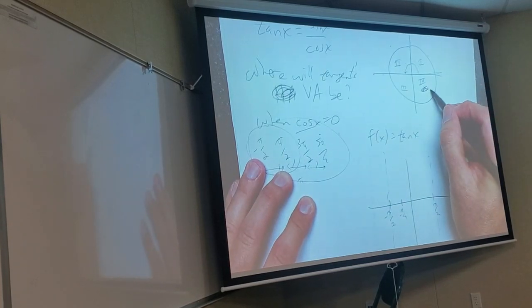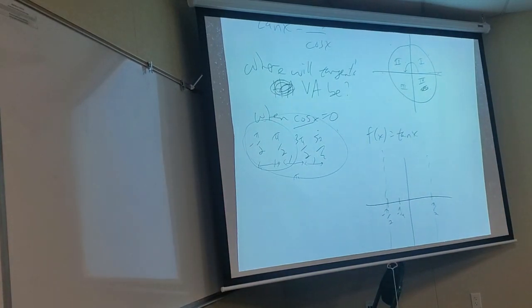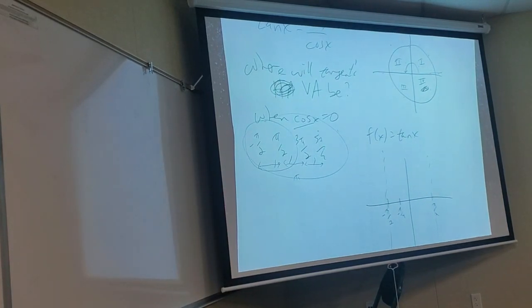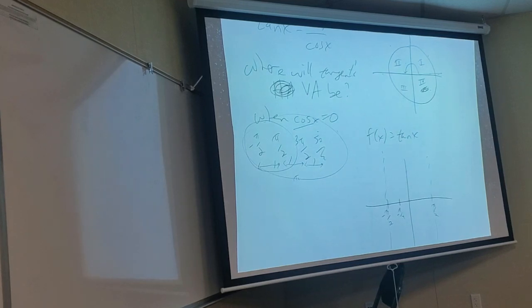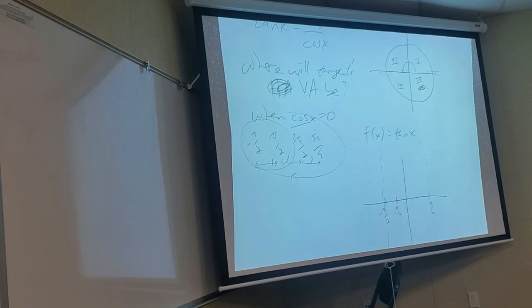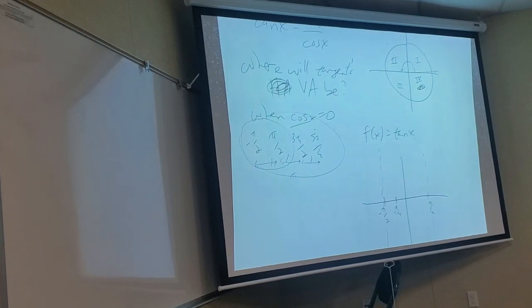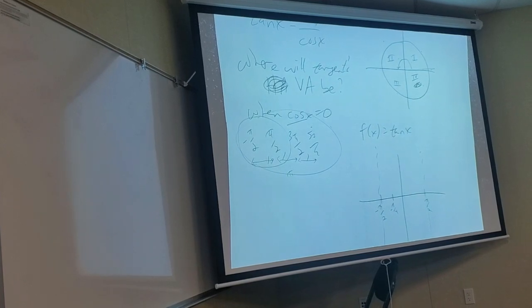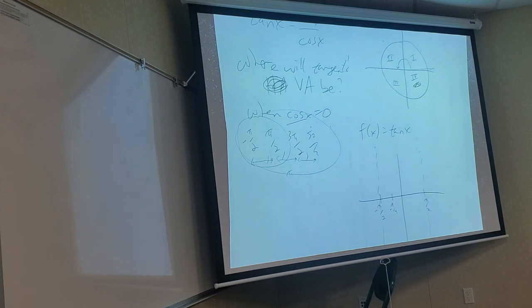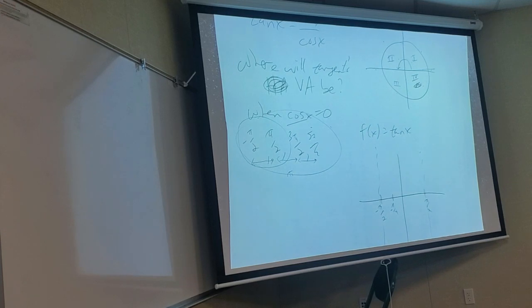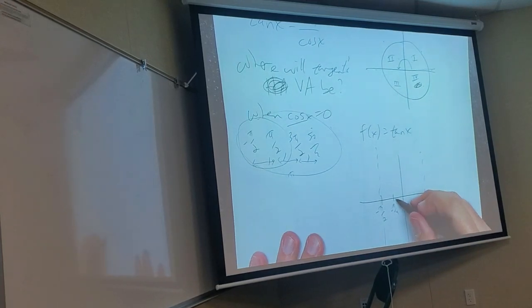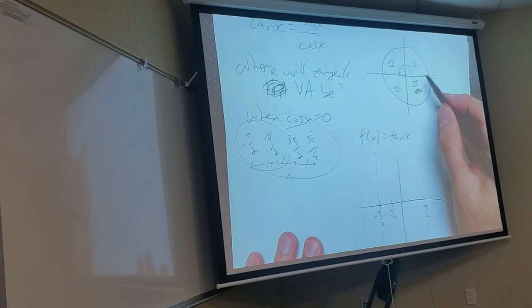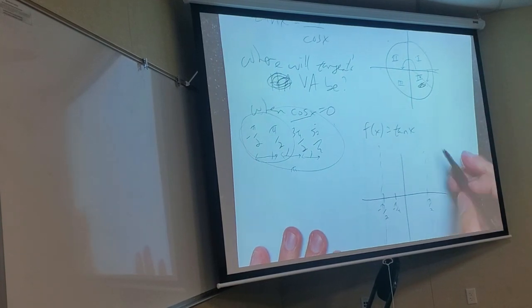Why is tangent awesome at any pi over 4? What I'm looking for is what's special about the relationship between sine and cosine at a 45-degree angle? They're equal. And since tangent is the ratio of them, tangent's going to be 1 or negative 1 at every pi over 4, 3 pi over 4, 5 pi over 4. Does that make sense? So at negative pi over 4, is it going to be positive or negative 1? Negative 1. Good.